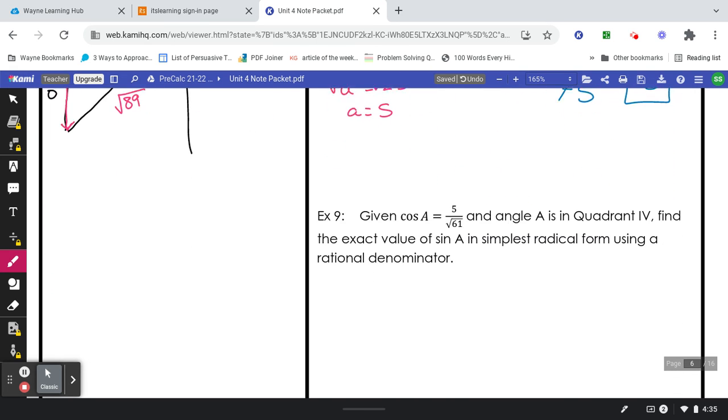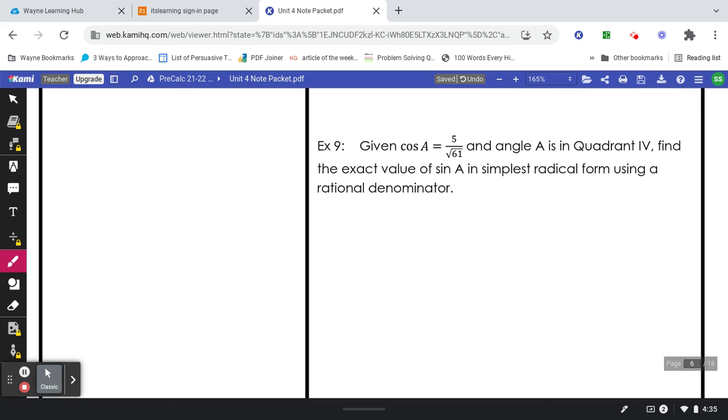All right, last one. This is again how Delta Math asks it. It's pretty similar. They call it angle A though instead of angle theta. We are in quadrant 4.